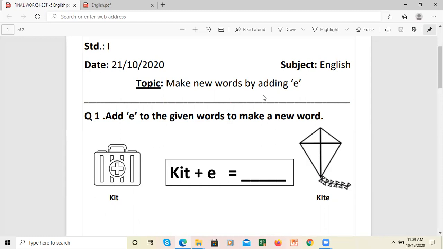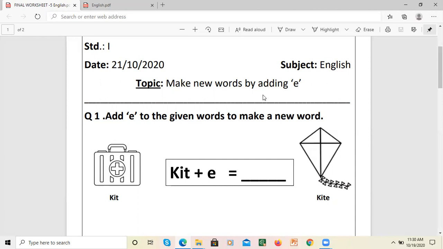So, my dear children, we will continue with the practice of knowing new things and knowing new techniques, right? But it is important that we understand how in English few new words are made.